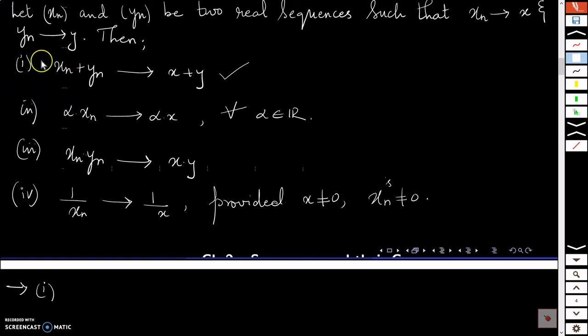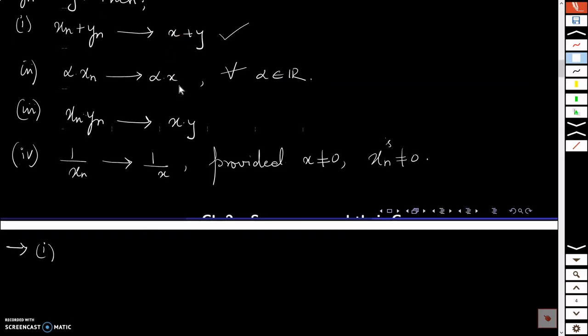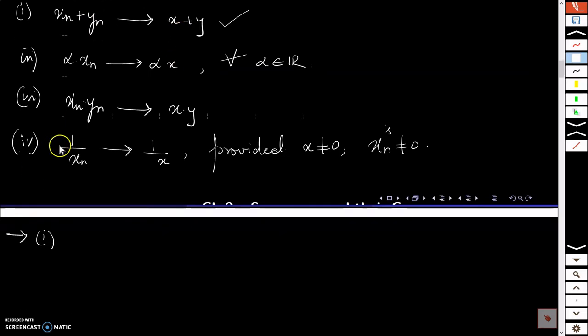So we have to estimate this quantity xn plus yn minus x plus y, and we have to find a natural number, a stage, such that no matter what epsilon is given to you, you are able to find a stage after which this difference is less than that epsilon, right? So that's what we have to show.